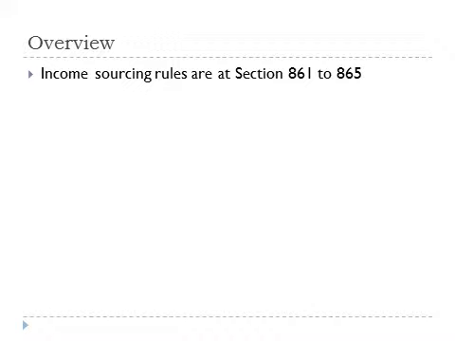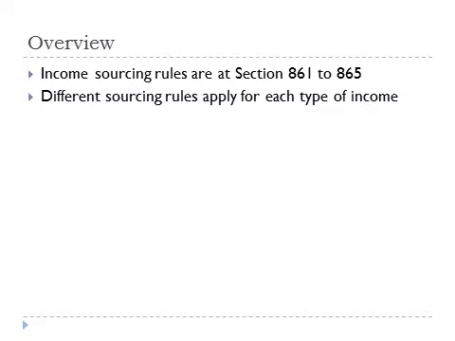A quick review of these code sections reveals a plethora of different tax rules associated with different types of income. Different sourcing rules apply for each different type of income identified in the code.